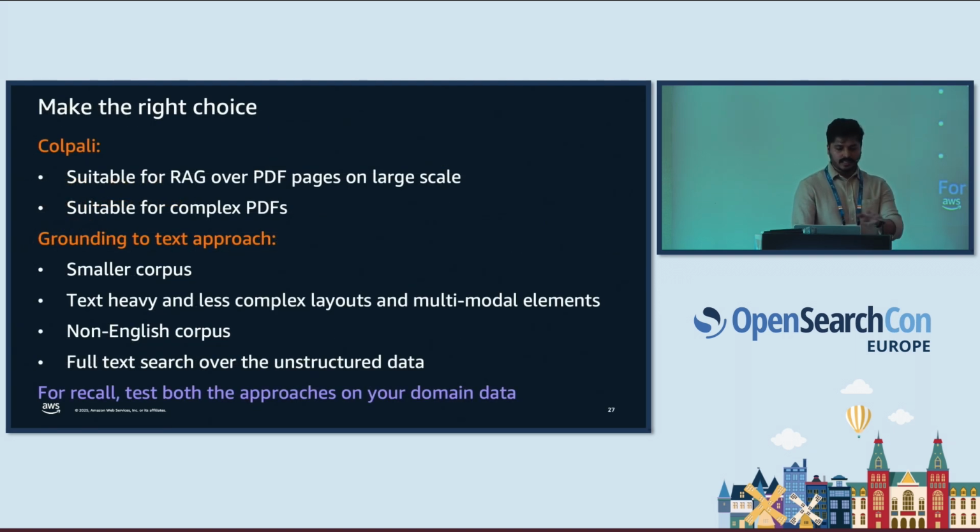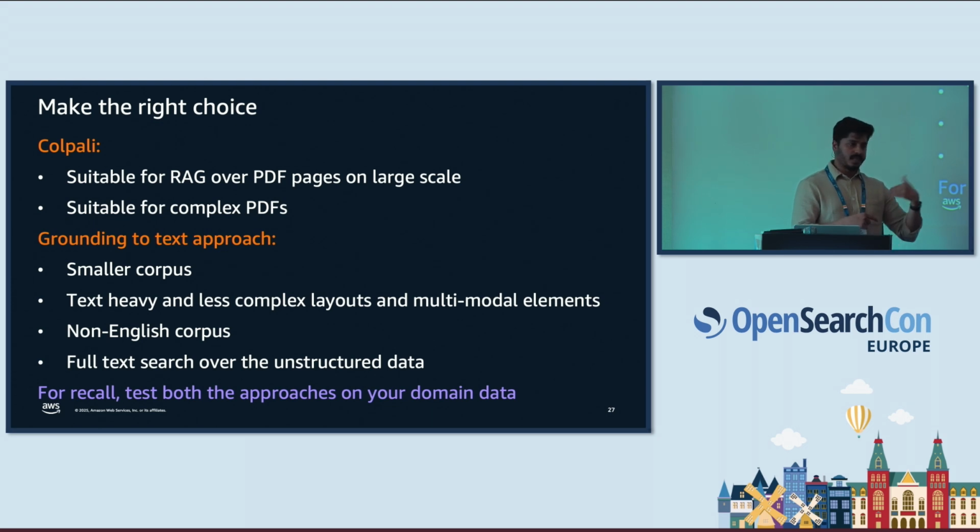So when to use which? ColPali you can use for RAG on PDF pages at large scale. If you have a smaller corpus, you can go with approach one. ColPali only supports English, so if you have a non-English corpus, approach one suits much better. And importantly, if you want to do full text search on your unstructured data in addition to RAG, then approach one is the way to go.